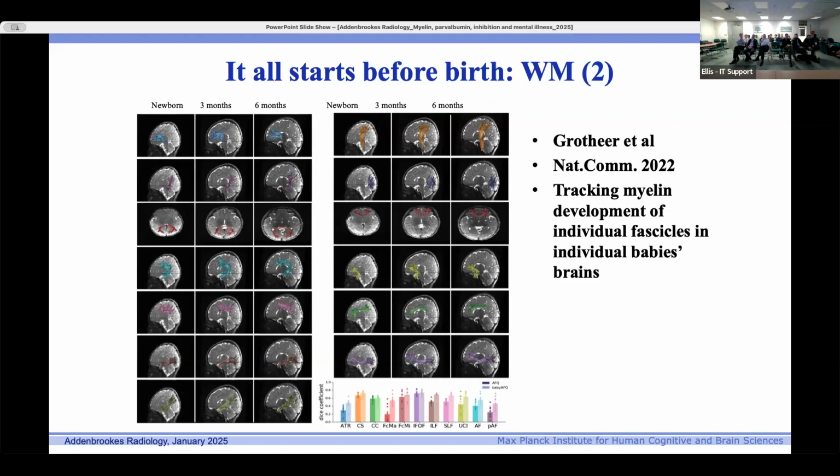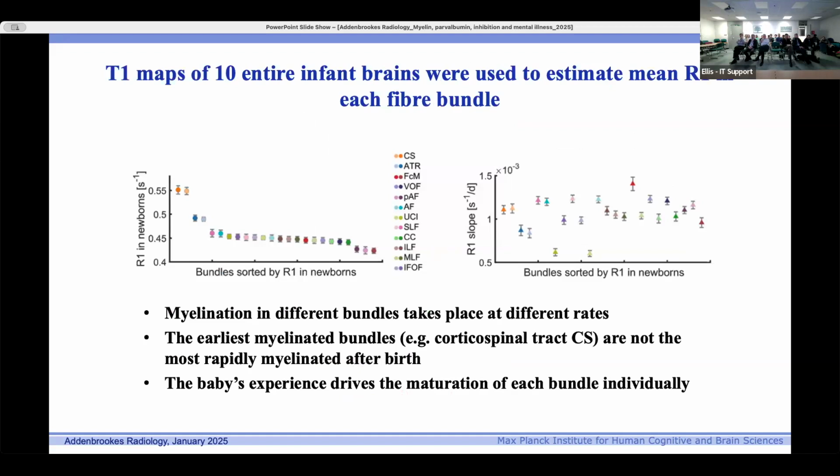These are maps of myelin in newborn, 3 months, 6 months, in different fascicles. They use diffusion-weighted tractography, obviously, to calculate the fascicles, and they look at the R1, the relaxation rate, in newborns, and each of these points along here.